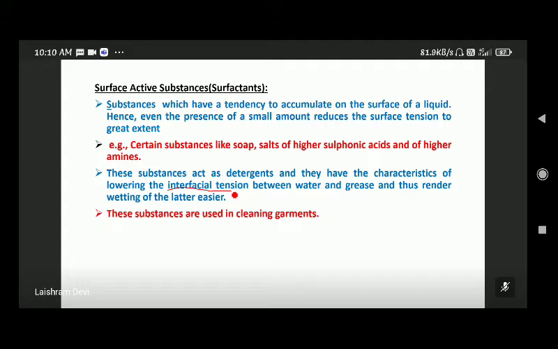Leave interfacial tension, tell me about surface tension. What is the origin of surface tension? After that I'll move on to explain interfacial tension. Anybody explain to me what is the origin of surface tension?